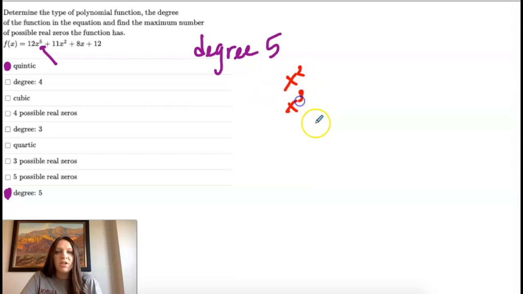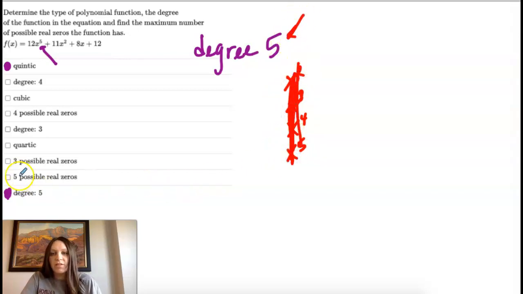If it's x cubed, it's a cubic. X to the 4th is quartic. X to the 5th is quintic. And then this 5 also tells us that we have 5 possible real zeros. That's what the fundamental theorem of algebra is. You look at the degree, those are your possible answers.